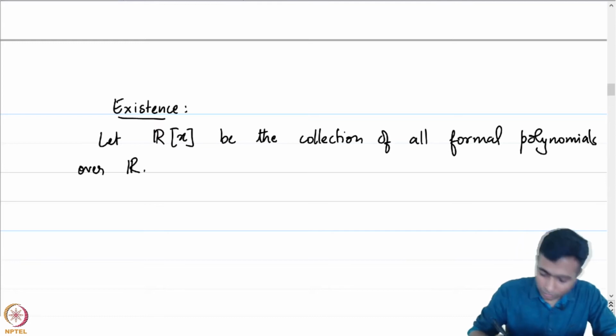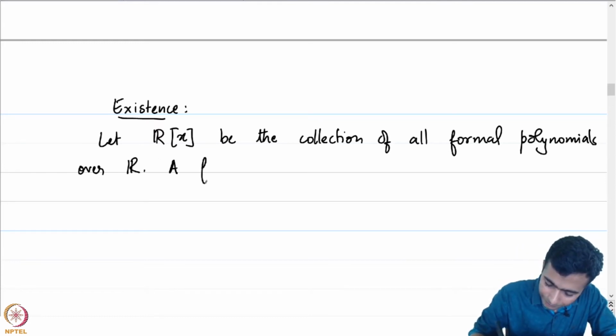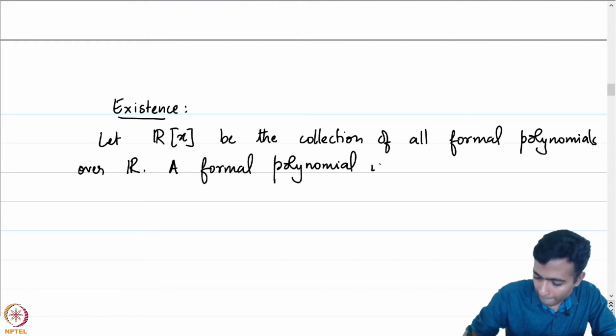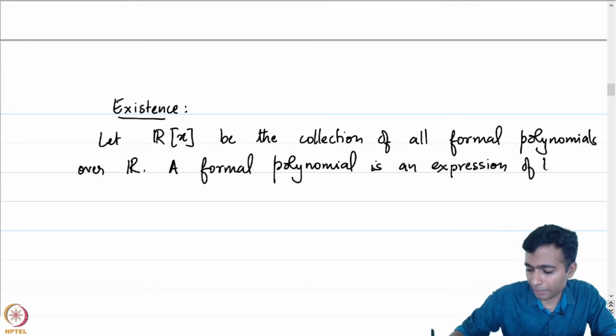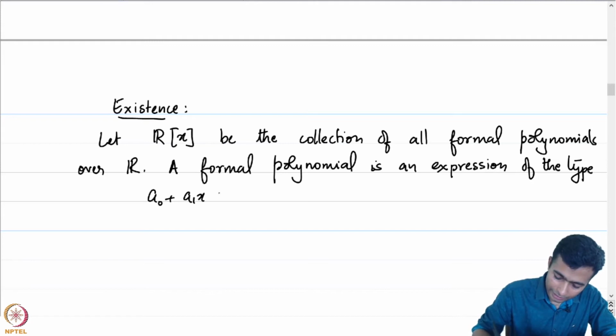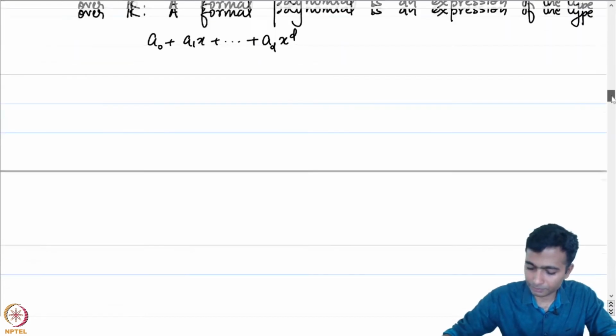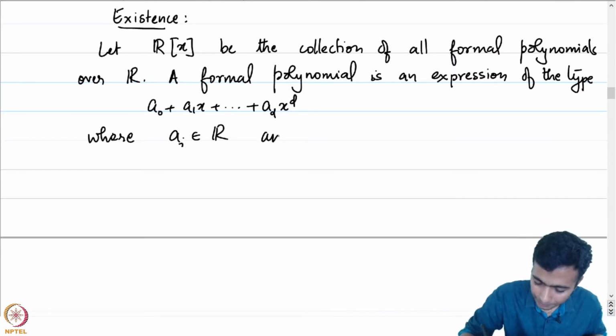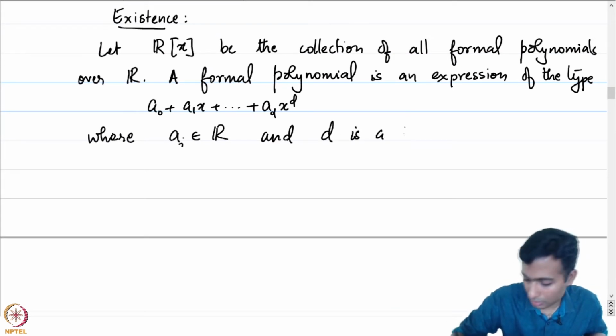A formal polynomial is an expression of the type a0 plus a1x plus ad x to the power d, where ai are real numbers and d is a non-negative integer.